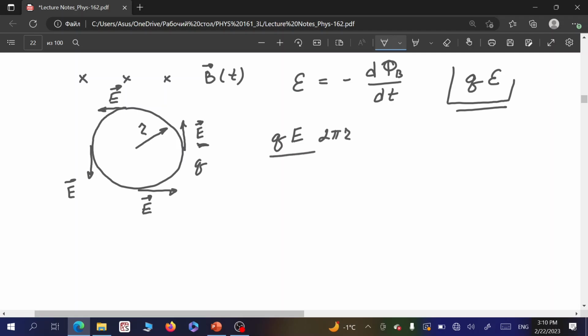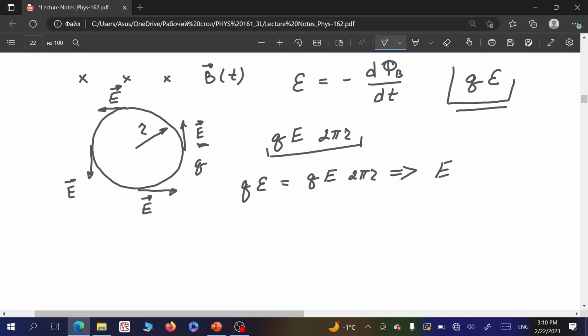So that also represents the work done by the electric field by moving the test electric charge around this loop. So we can write that Q times epsilon is equal to Q times E times 2 pi R. From here, we express the magnitude of the induced electric field.